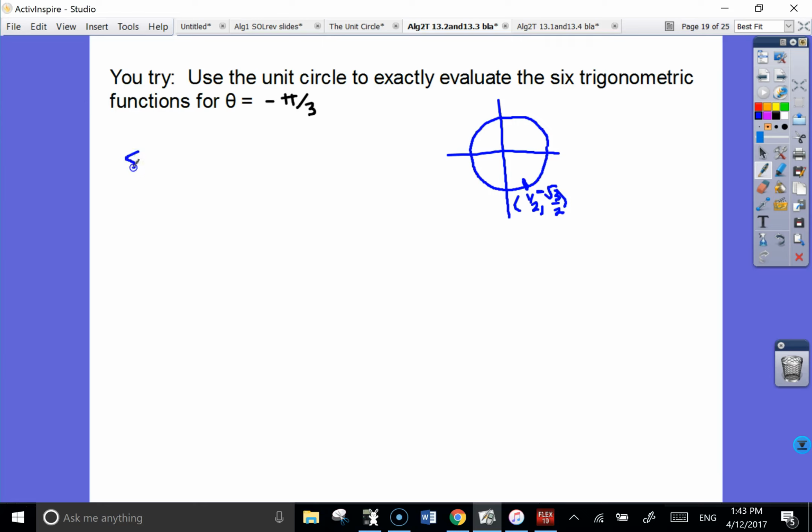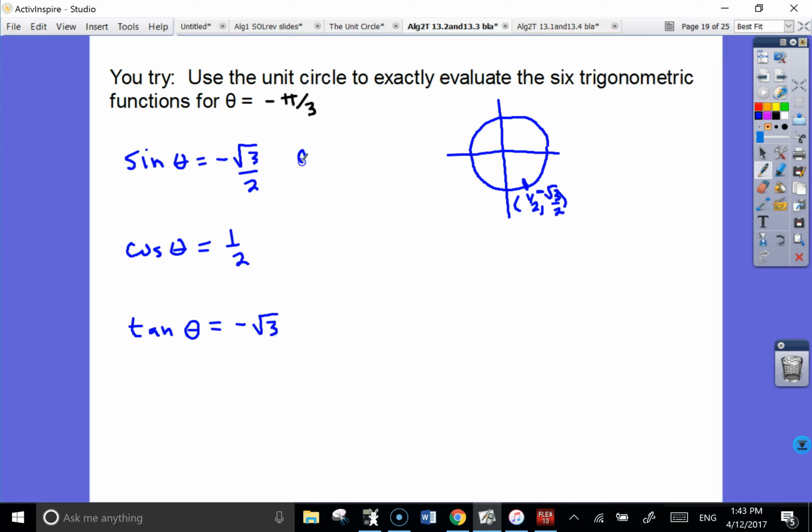Sine, what was the sine? Negative square root of 3 over 2, right? Cosine, 1/2. Tangent: again, these are all the same things that we did in the lesson last time. Sine over cosine, or y over x, negative square root of 3.